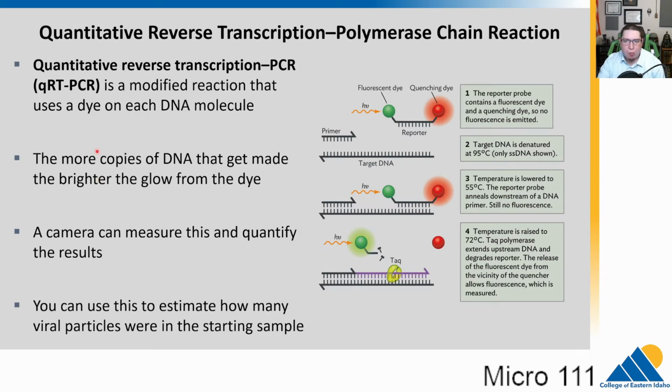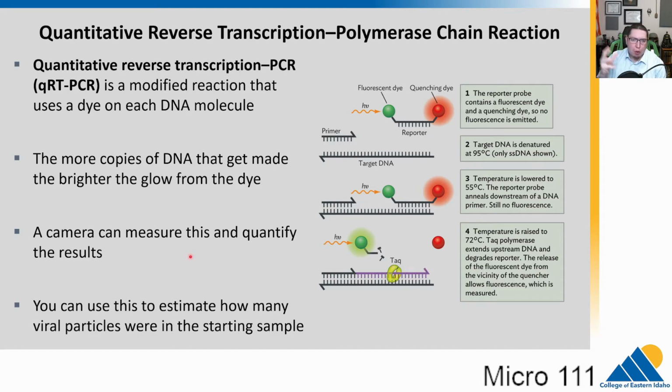Then we're going to do a special PCR reaction that uses fluorescent dyes. So we do a PCR reaction, and Taq polymerase comes in, and there's a fluorescent molecule here that gets disrupted when Taq polymerase comes along.